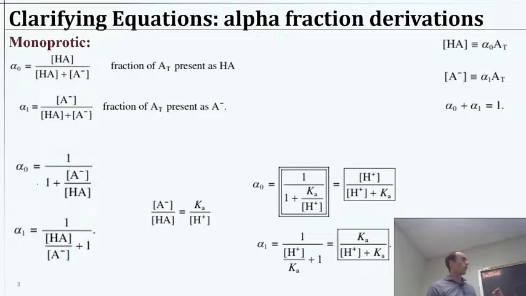So it's 1 over 1 plus A minus divided by HA. Here's where we do a substitution. And we can do this with a diprotic also. What we substitute is, well, if we have some ratio of A minus to HA, we can always get it from the equilibrium equation. Our equilibrium equation, remember, is K is equal to the products over the reactants.